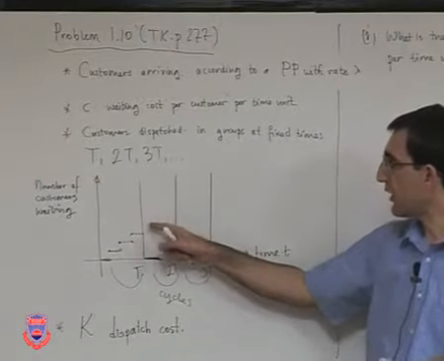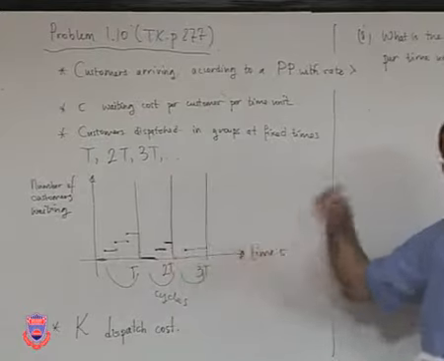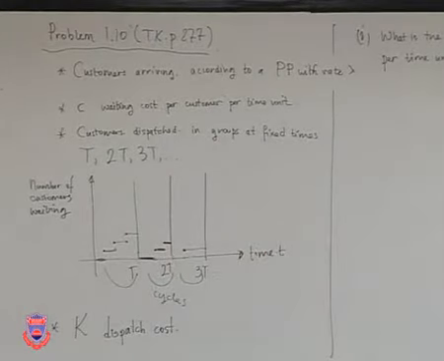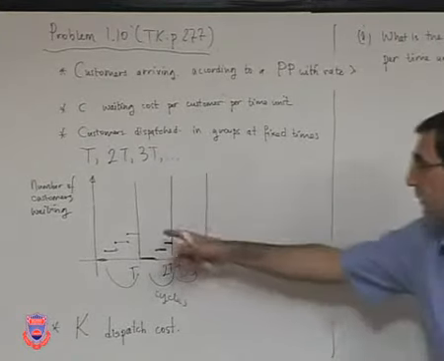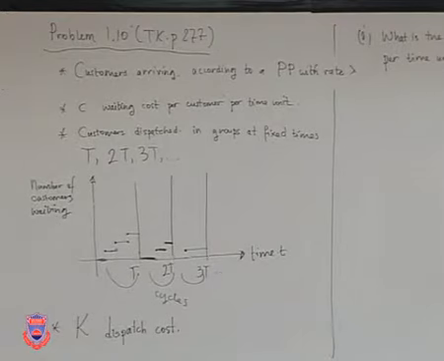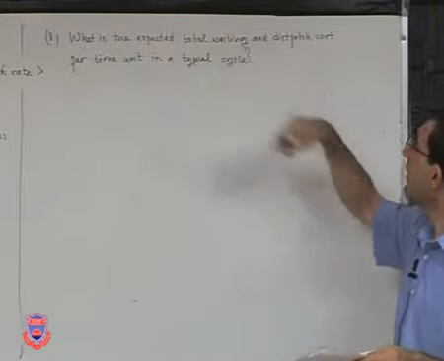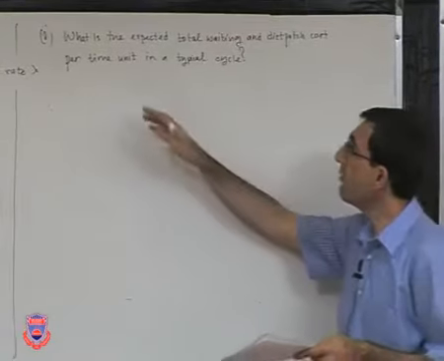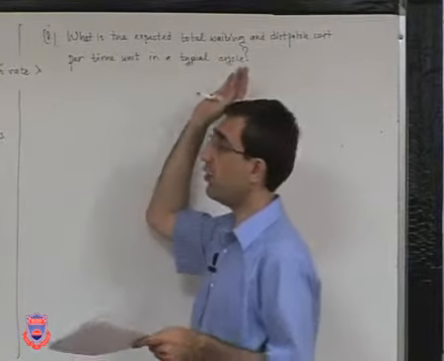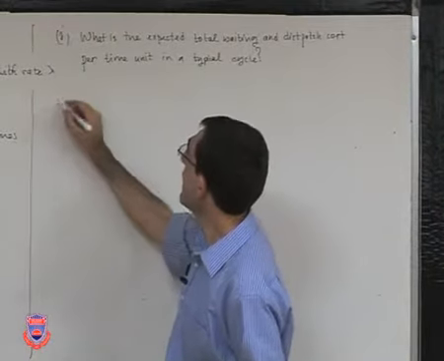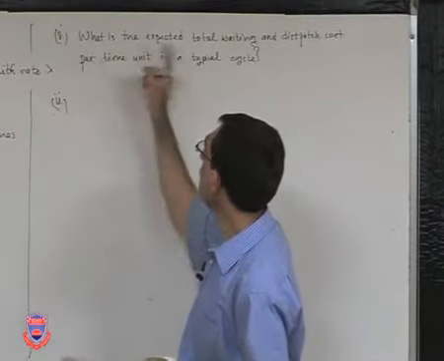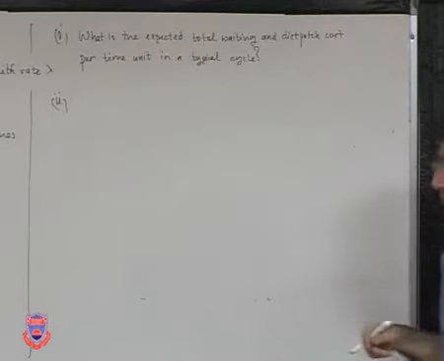Therefore, if we analyze one cycle, that analysis applies to any of them. We are interested in the expected total waiting and dispatch cost per time unit in a typical cycle, or you may just say the first cycle. Of course, this expected cost will depend on T.